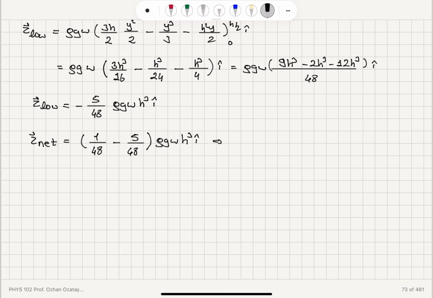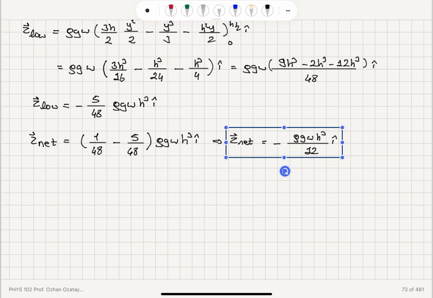Therefore, I see that the net torque here will be minus rho GW h cube over 12 in I hat direction. 4 over 48, that is 12.